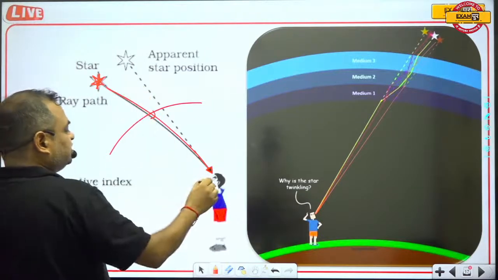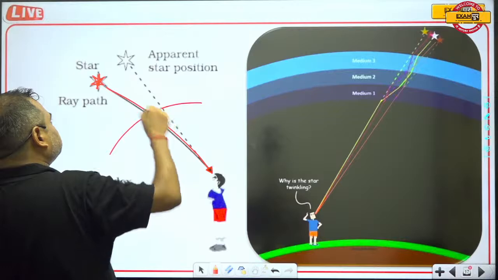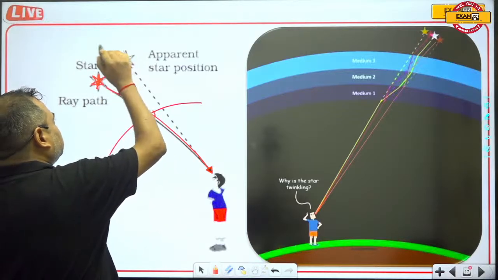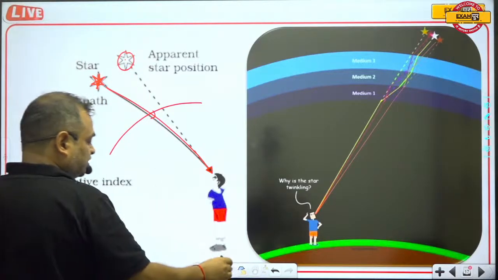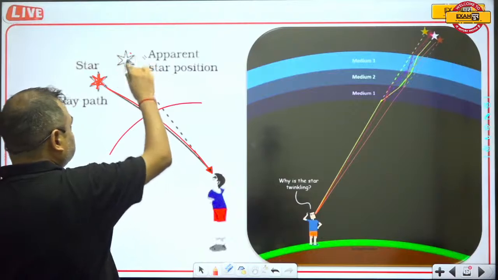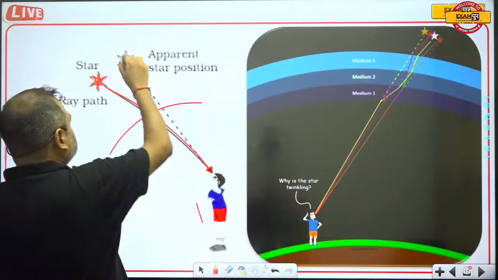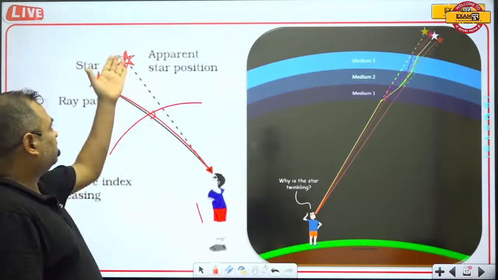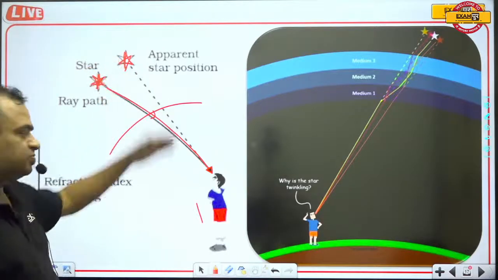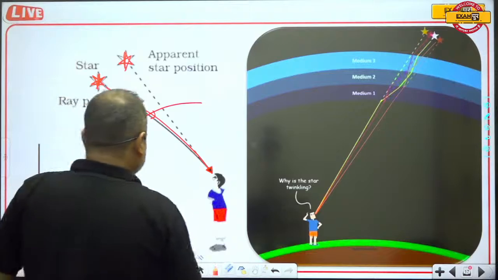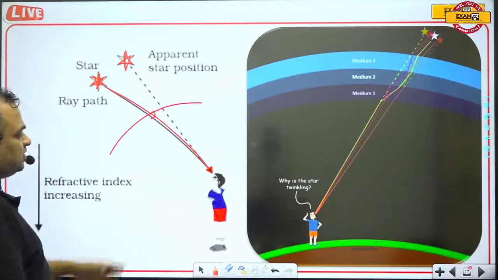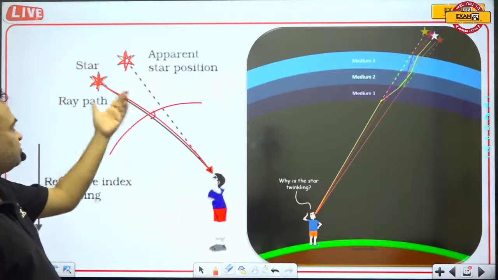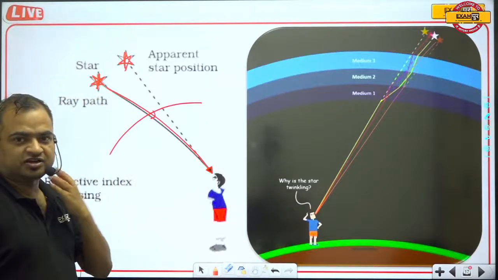So that's why he sees that this star is located at this place, but it is not actually so. In this way he gets confused about the position of the star.